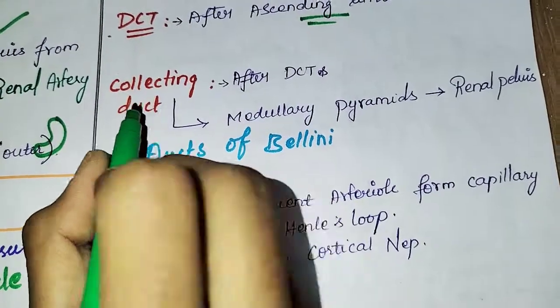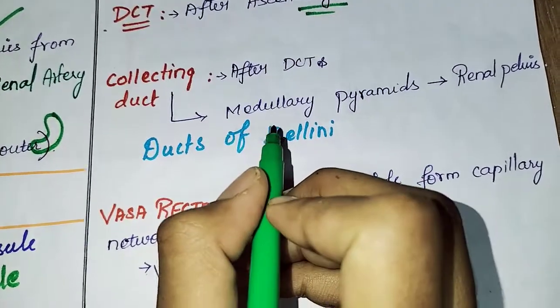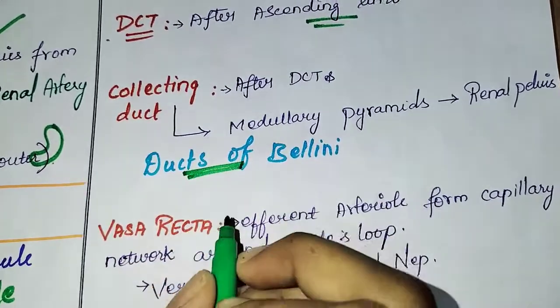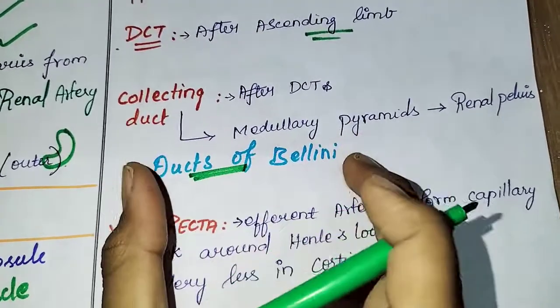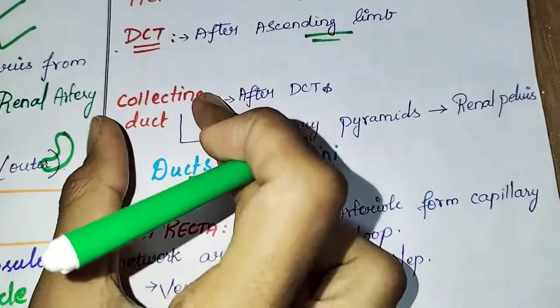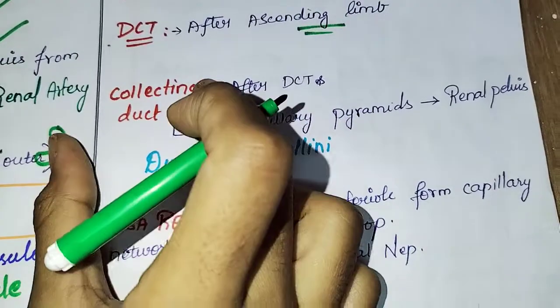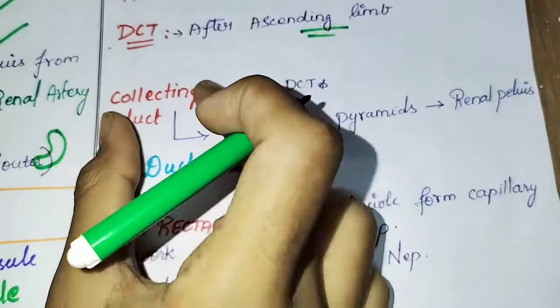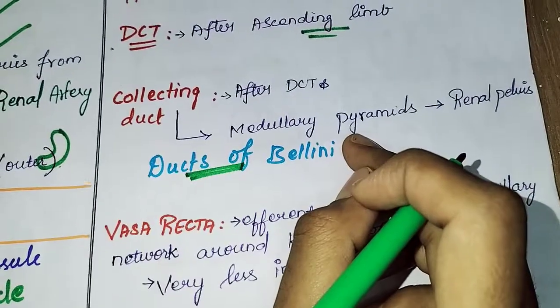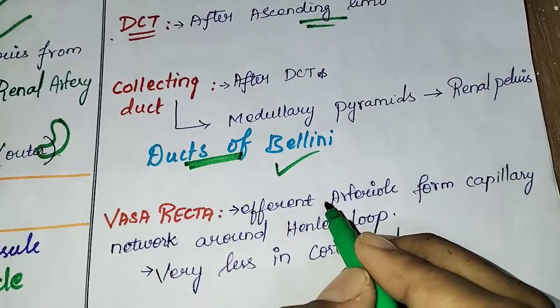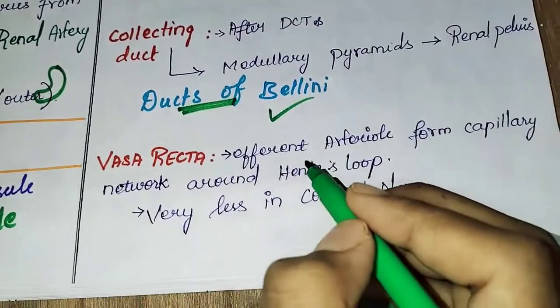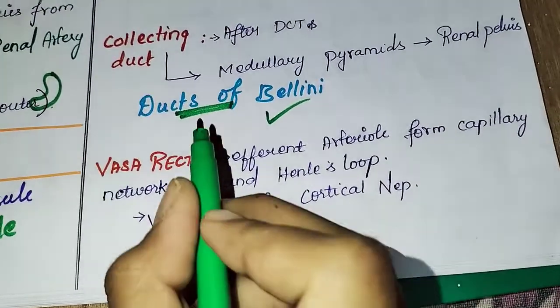Between the collecting ducts and medullary pyramids, we have something called the ducts of Bellini. They just collect the concentrated urine from the collecting duct and deliver it to the medullary pyramids. Next one is the vasa recta.